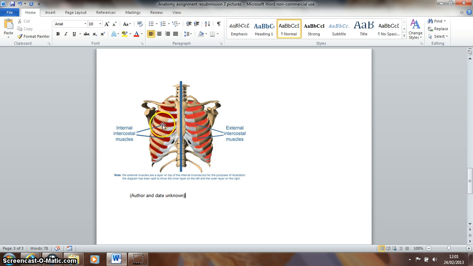So here you can see all the internal intercostal muscles, and here is where the diaphragm would sit neatly in between the ribs. This will push up, so expanding these out, allowing more air to flow through into the lungs. All of this helps because it means more oxygen can enter our body.